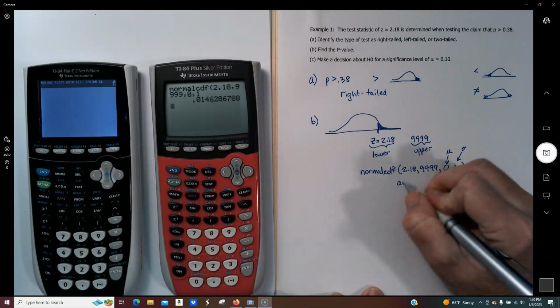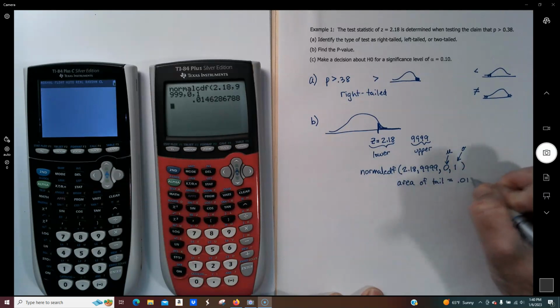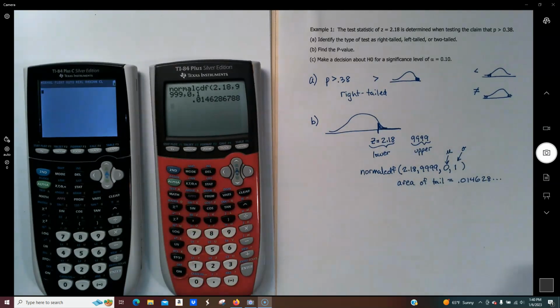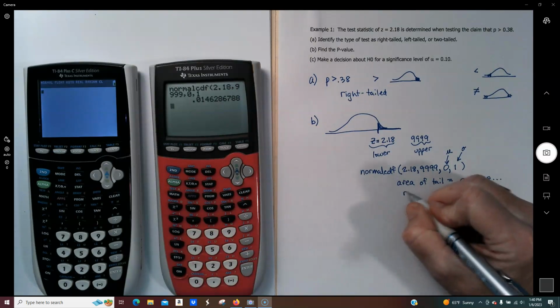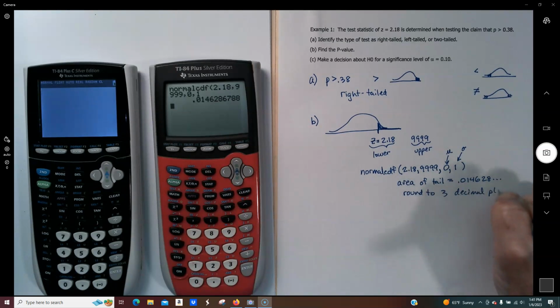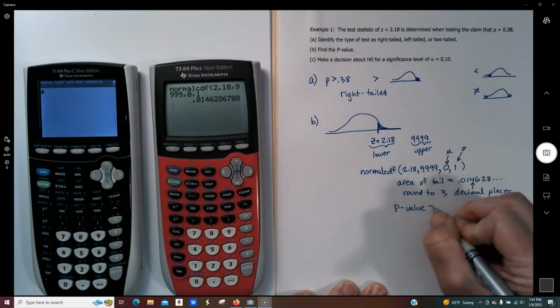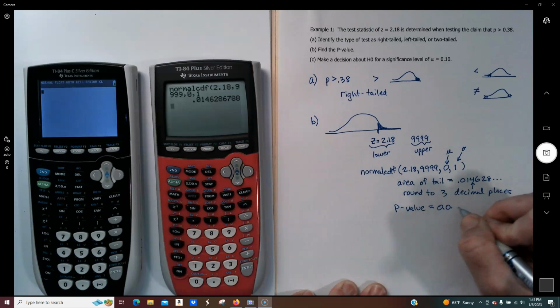So this tells me that the area of the tail is 0.014628, and so on. We can round to 2 or 3 decimal places based on what's requested in the problem. We're going to go ahead and round to 3 decimal places. So that 4 will turn into a 5, and we have a p-value of 0.015.